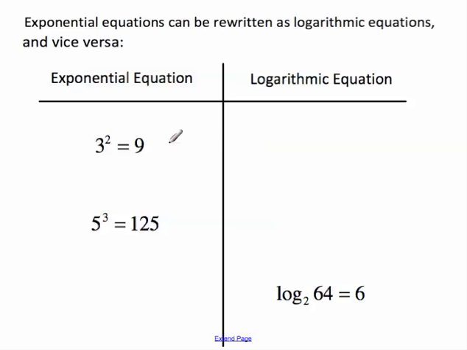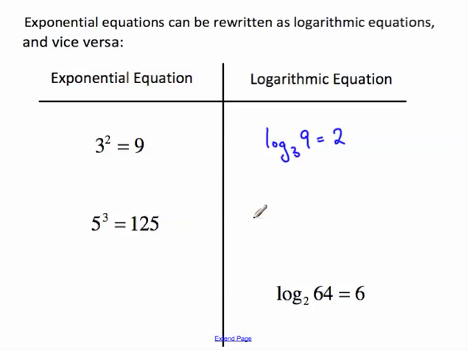That means that exponential equations can be rewritten as logarithmic equations and vice versa. If we have an exponential equation like this, 3 to the power of 2 is equal to 9, we can rewrite that as the logarithmic equation log base 3 of 9 is equal to 2. Notice the way the pattern works. The 3 is always in the base, as a subscript here in the log function, that's called the base, or as the base in the exponential function. What swaps sides on the equation is the 9 and the 2.